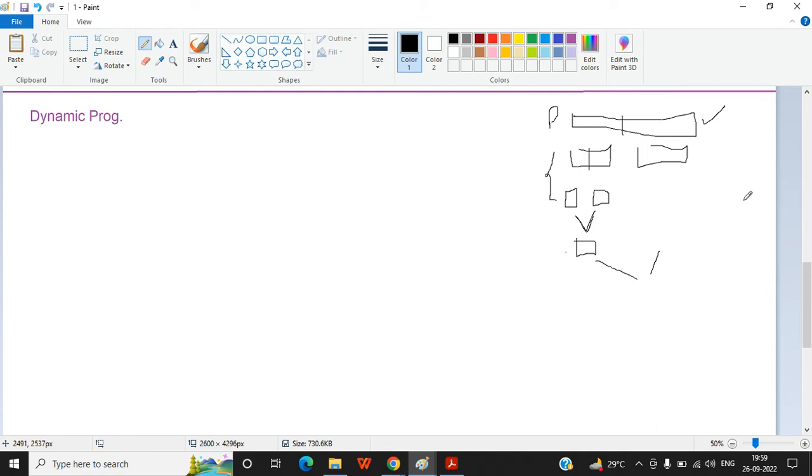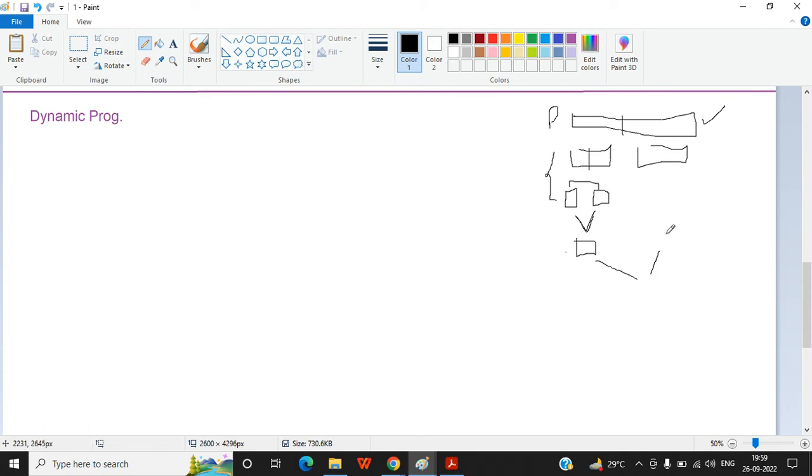Now, why am I telling this? Because there may be a question: what is the difference between dynamic programming and divide and conquer? They are much more similar. Now see, in divide and conquer, the two subproblems do not overlap each other.